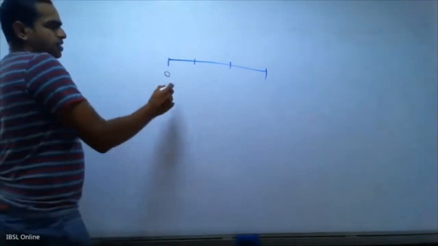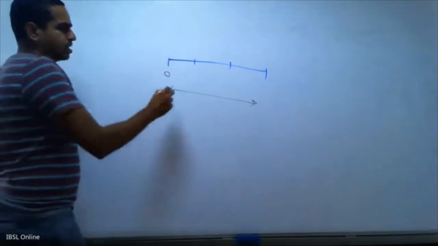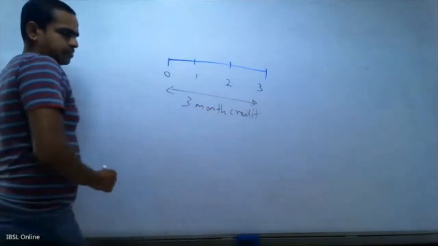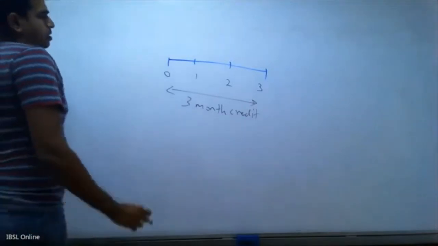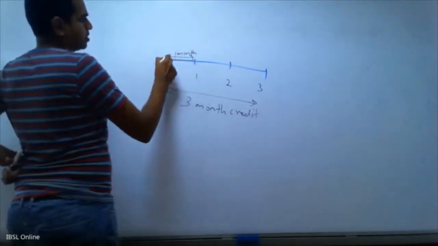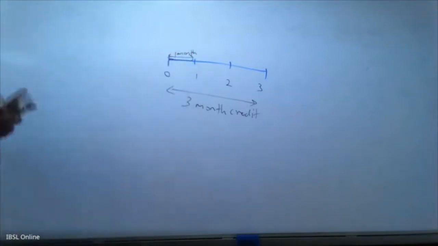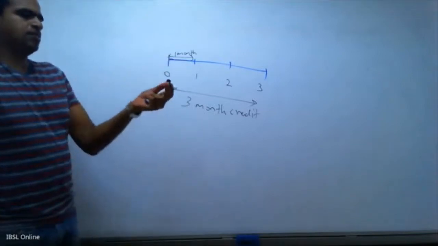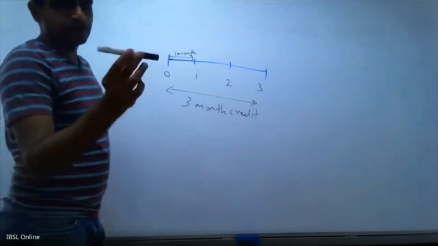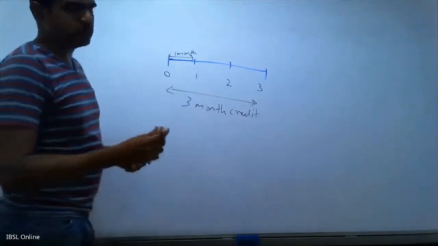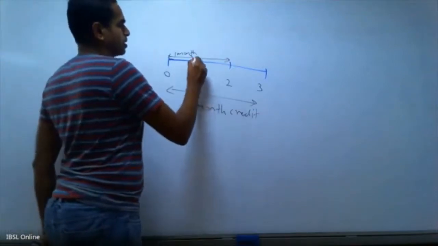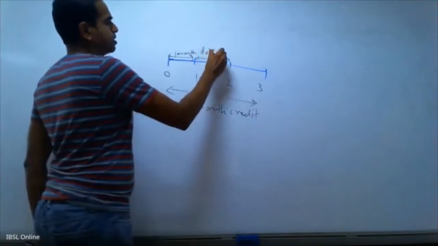You are buying raw materials for 3 months credit from your creditors. Right, so you get 3 months credit. Then whatever the raw materials you buy, you maintain in your inventory for a period of 1 month. So this takes 1 month for you to convert your raw materials into a finished product. So maybe you might buy plastic, and for it to go through the extrusion processes and the finishing processes, it takes you 1 month to convert it into a marker, right? Then you sell this marker on credit, maybe to IBSL, and IBSL takes 1 month to settle you. So 1 month credit for your debtors.